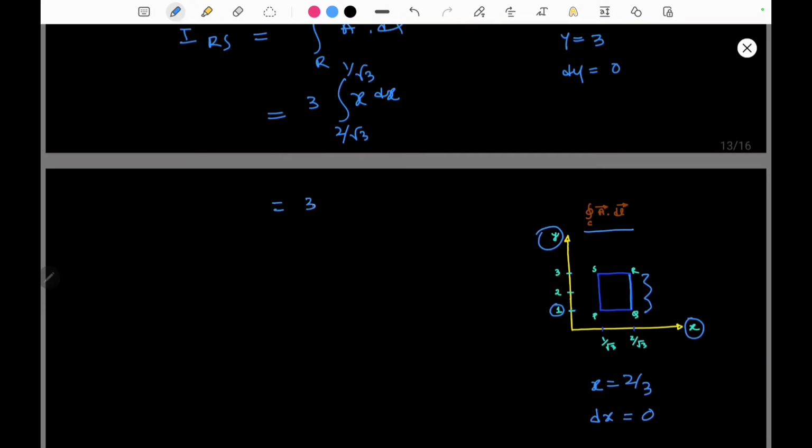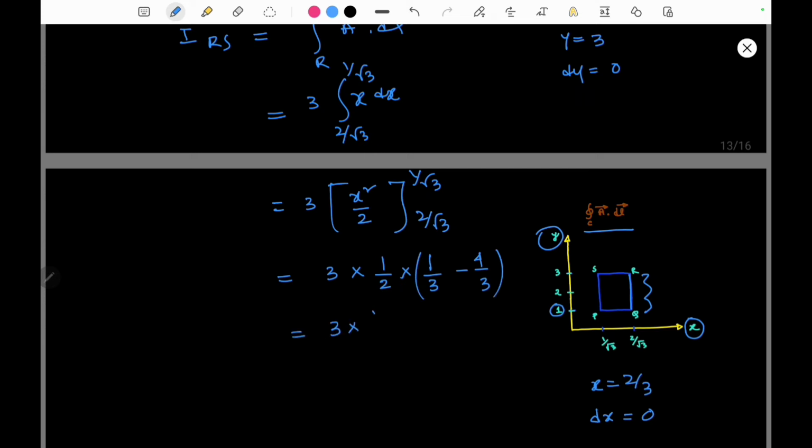Now we can calculate x square by 2, 1 by root 3, 2 by root 3. So 3 into 1 by 2 into 1 by 3 minus 4 by 3. So here it will be 3 into 1 by 2 into minus 3 by 3. So it is cutting, minus 3 by 2.